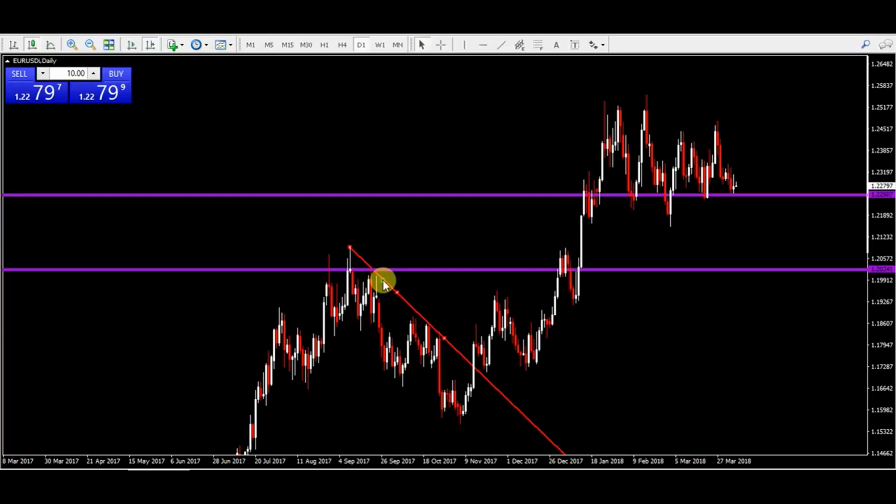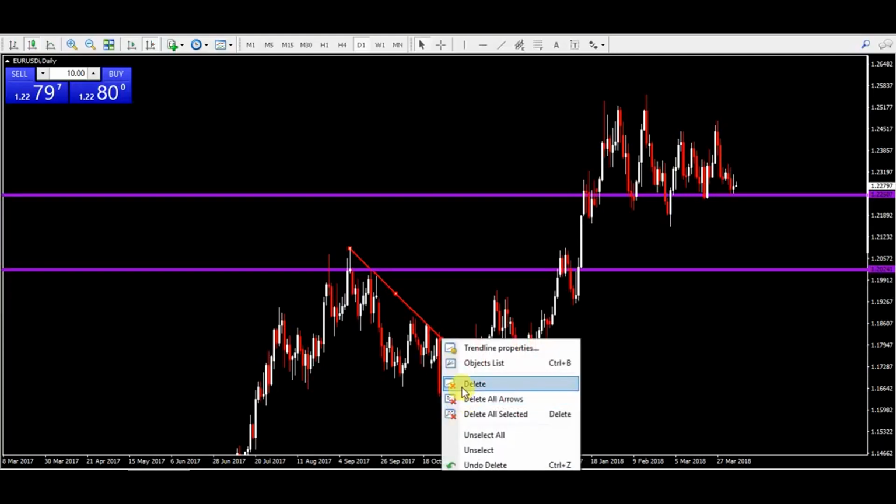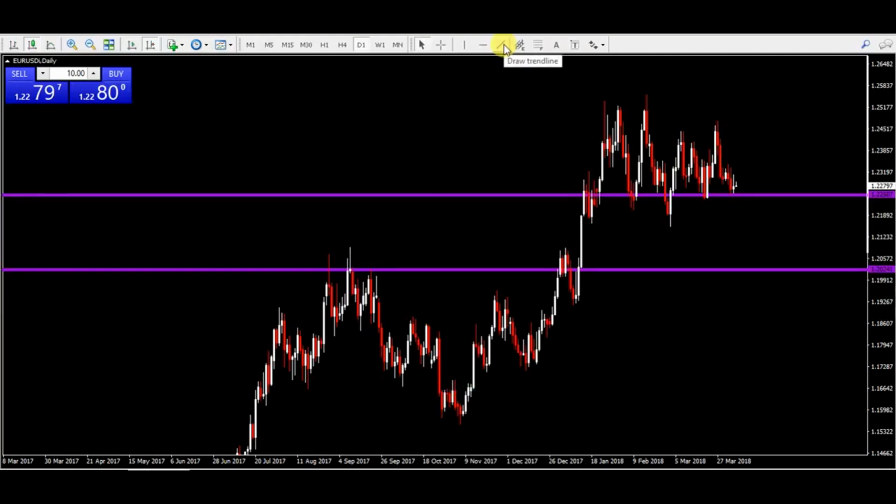Typically, how I connect my trend lines is by the wicks. Let me just delete this and show you how I drew it. I know I want to draw a trend line there. I'll bring it around. Boom, right at the wicks.